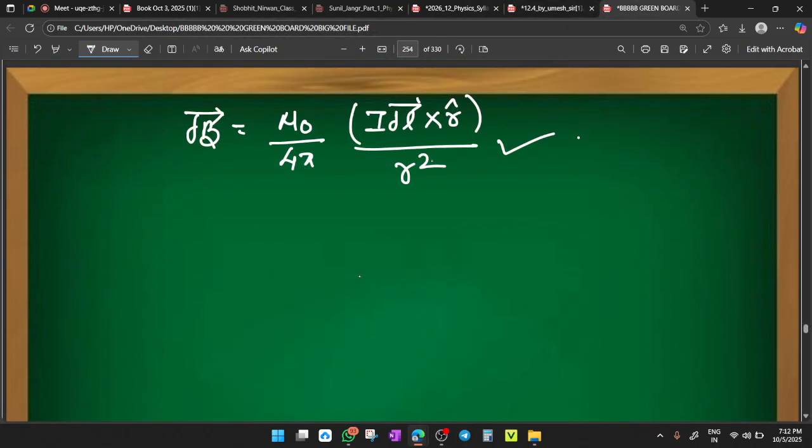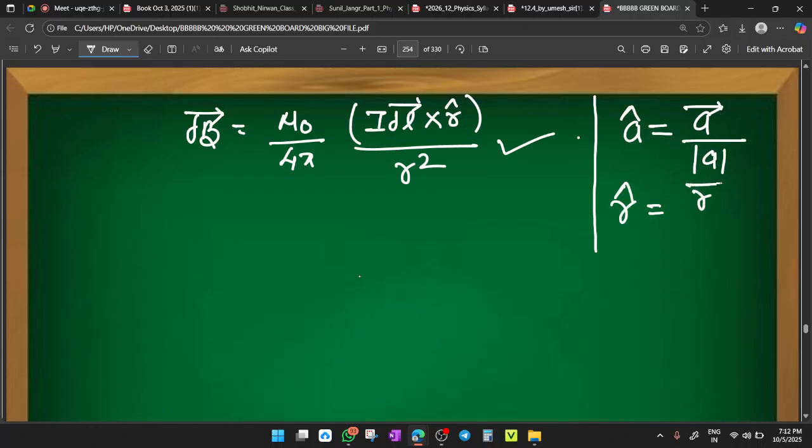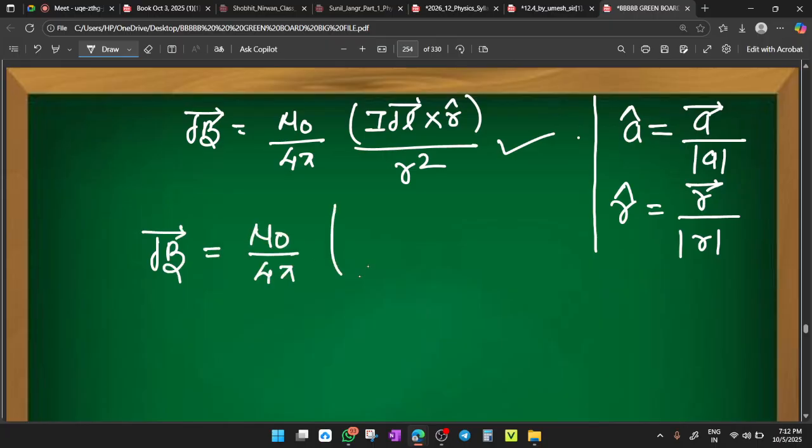One more thing, by the rule of vectors, vector a cap equals vector a upon mod of a. So here r cap equals vector r upon mod of r. So just place it here. dB vector equals mu naught upon 4 pi I dl vector. In the place of r cap, you can put vector r upon mod of r.